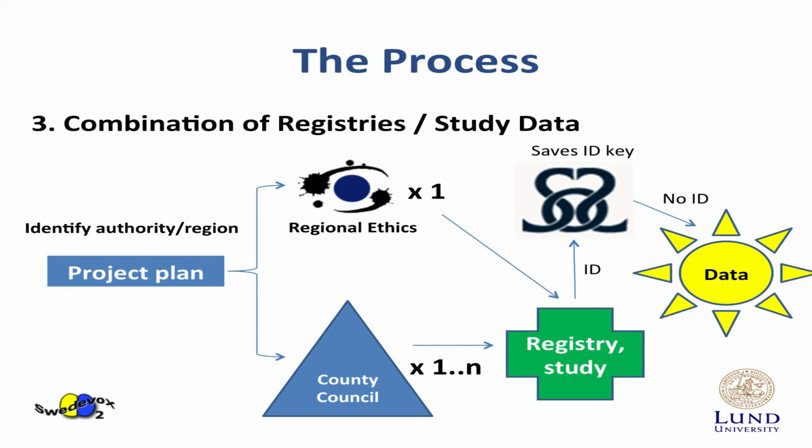And then you send one application to each registry you want to take out data from. They do their own dance. Then, if they approve, if it's a sound plan, you contact the registries and they start working. And when you get the approval, you send it to each registry. What now happens is that each registry has a database with the ID numbers, the social security numbers.